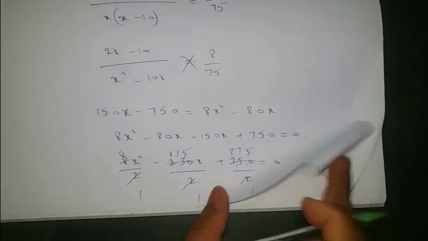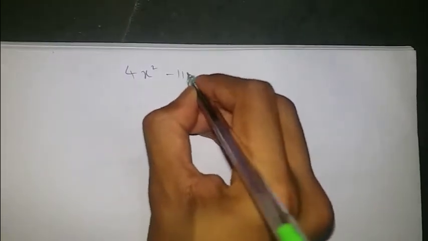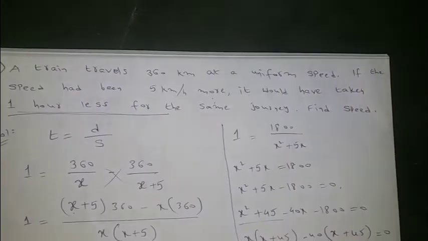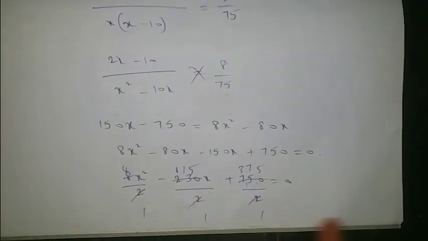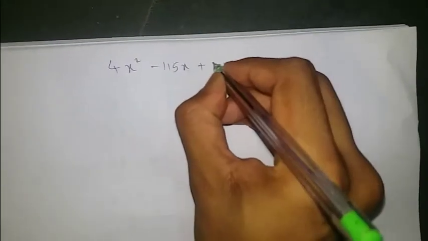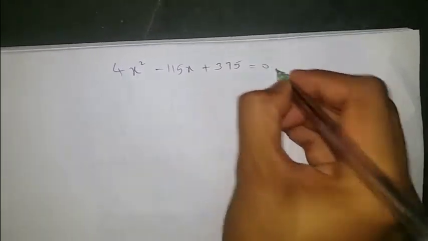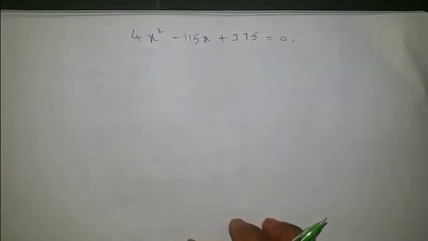So I will write that again now: 4x square minus 115x plus 375 is equal to 0.